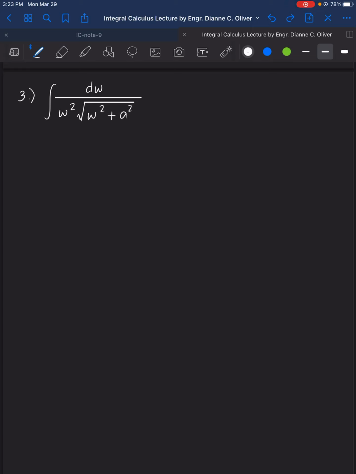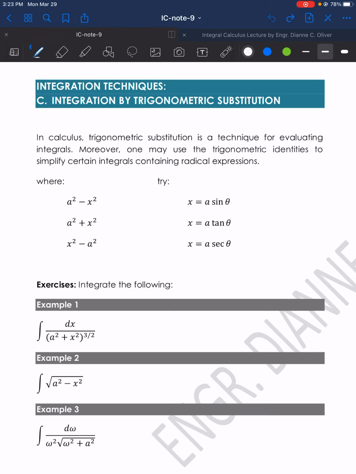Okay. So if we are dealing with w squared plus a squared, then what are we going to try? w squared plus a squared is like x squared plus a squared. So we're going to try again a tangent theta.